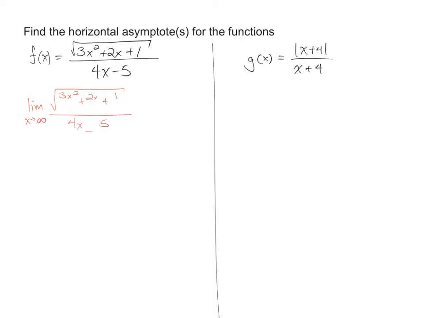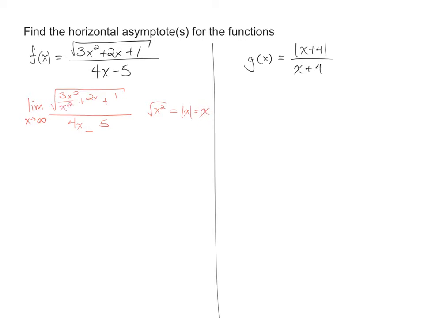And I'm going to use the equality that the square root of x squared equals the absolute value of x. And since we're going to positive infinity, this absolute value of x will be x. So I'm going to divide each term in the numerator by x squared, and I'm going to divide each term in the denominator by positive x.